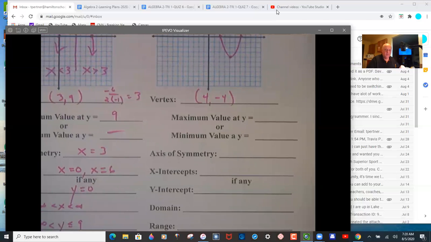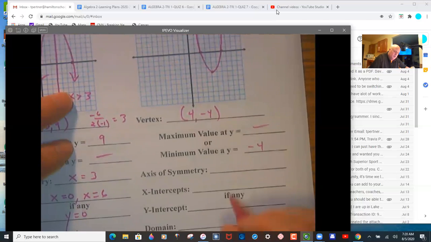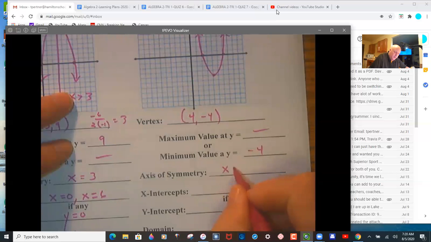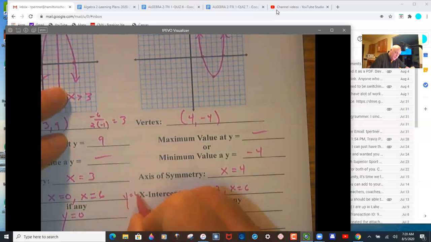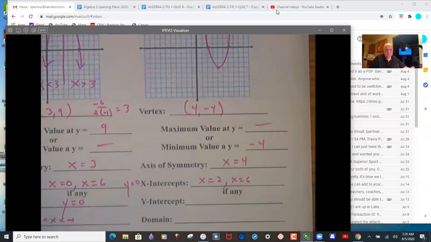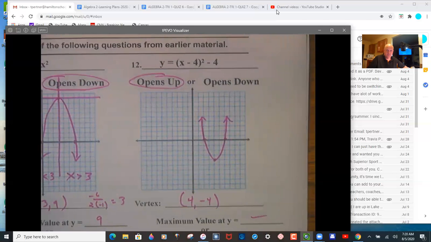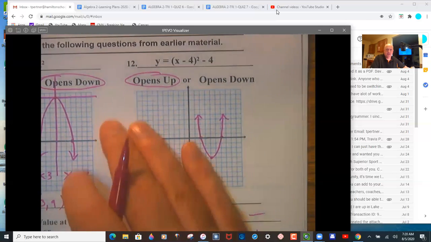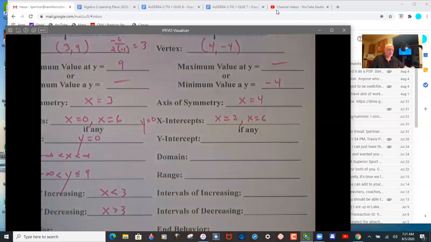That's very convenient also. So there's going to be a minimum value at negative 4. Axis of symmetry, x equals 4. That's the x value of the vertex. 2 and 6, you can get this off your table, or the quadratic formula, or completing the square. Actually, completing the square, you just set that equal to 0. Yeah, that's good. Forget I said that.